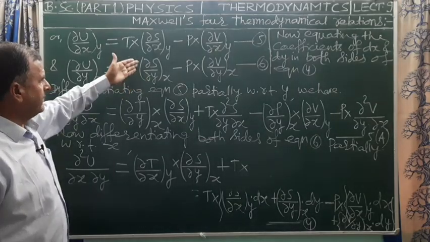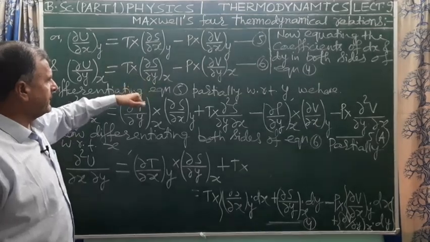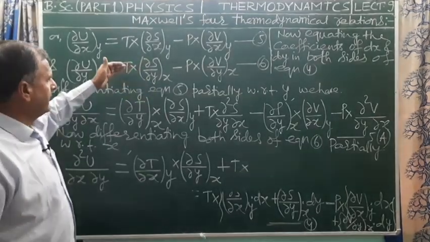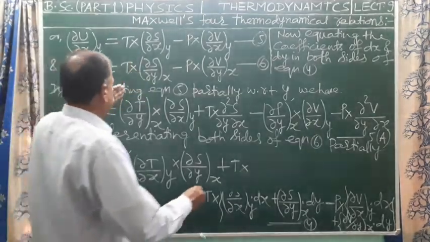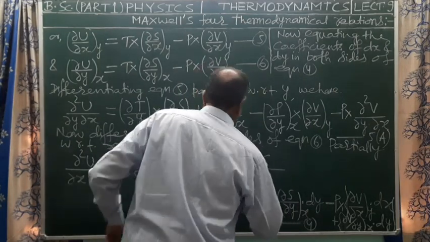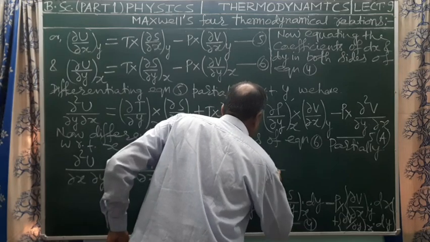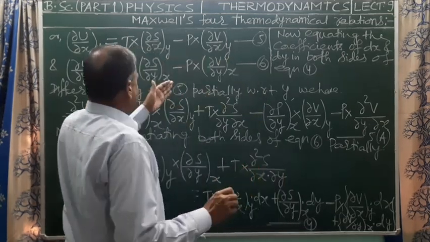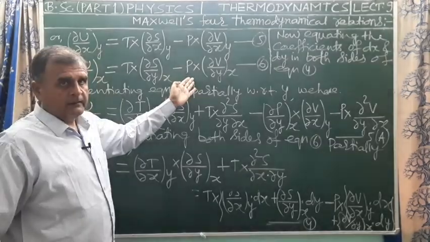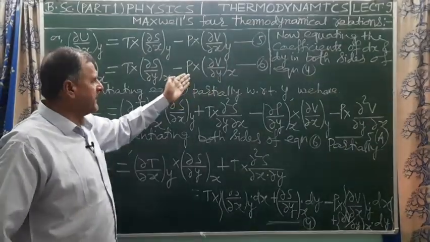We have del of del x of del s upon del y at constant x is del square s upon del x into del y. So it is del square s upon del x into del y.